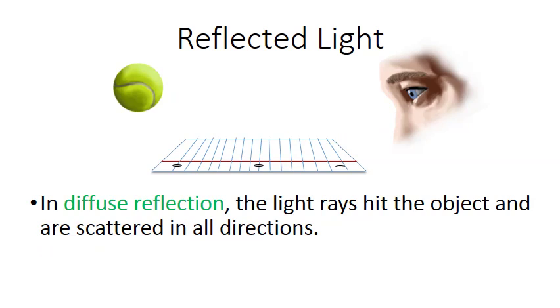Now in diffuse reflection, the light rays will hit the object and will be scattered in all directions. What this means is that any light coming off that tennis ball, when it hits the paper, doesn't get reflected all together towards your eye. It hits the paper and then it gets scattered all over the place. Now this means that there's not going to be an image formed that you can see.